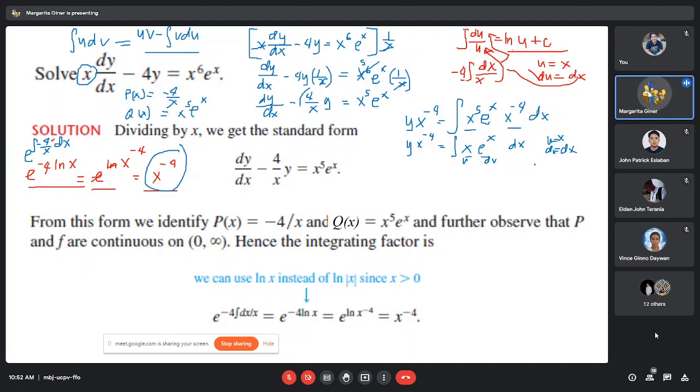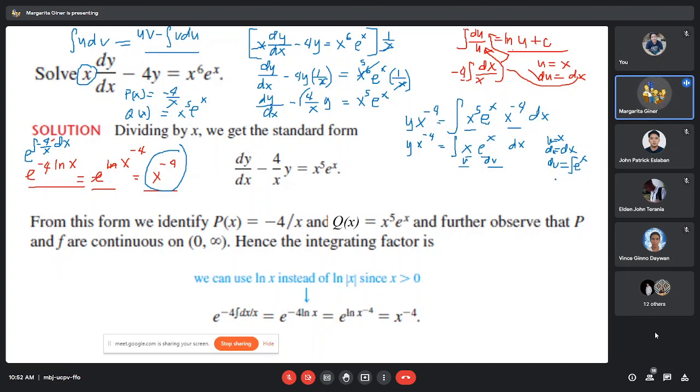How about the dv? Your dv is e^x, so dv is equal to the antiderivative of e^x dx. For u you solve the derivative, for dv you solve the antiderivative.